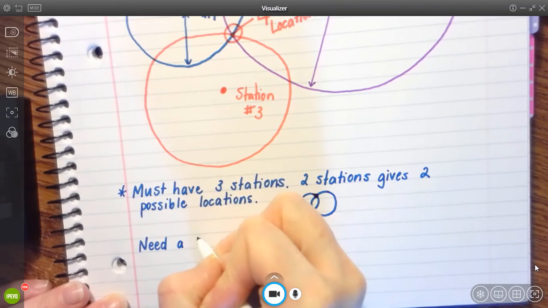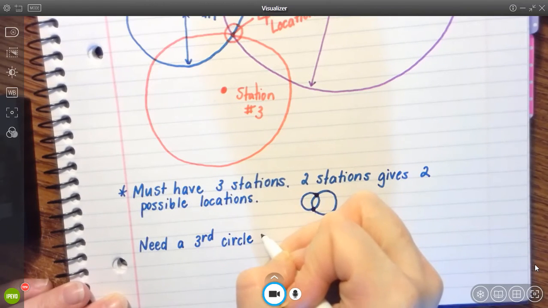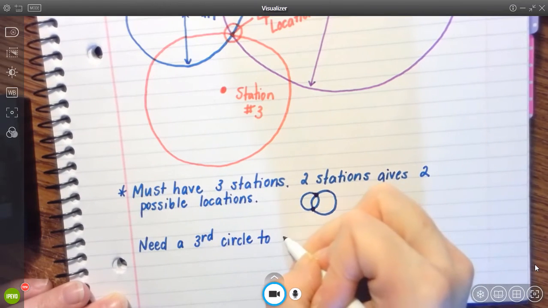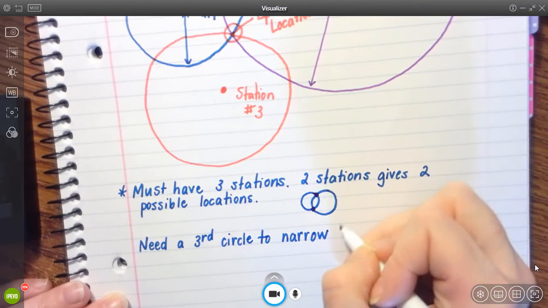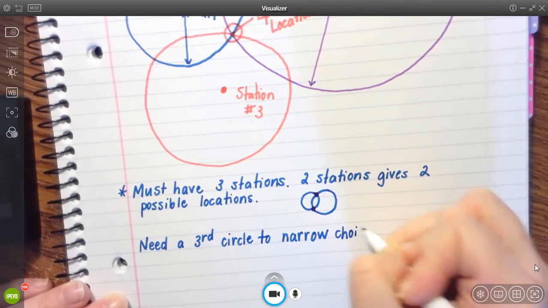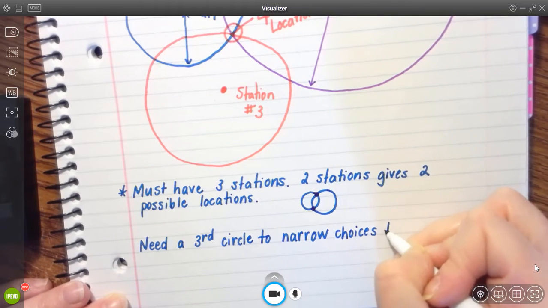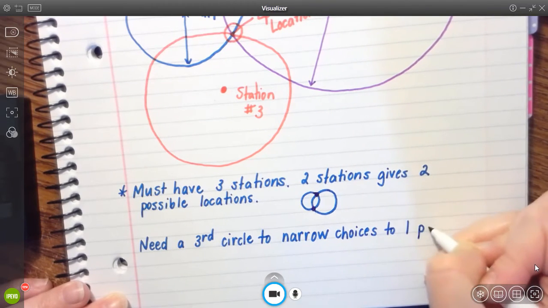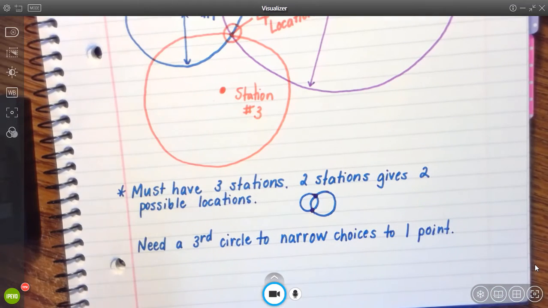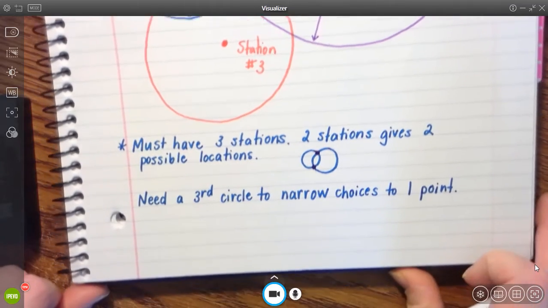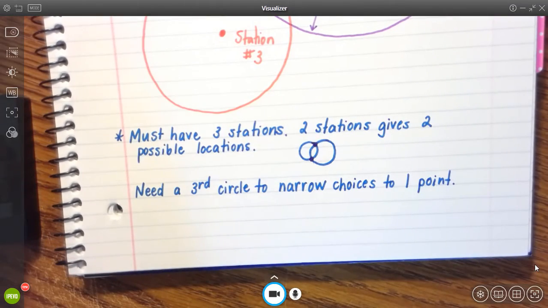Need a 3rd circle to narrow choices to 1 point. If you don't have that 3rd station, you can't make a decision on where your epicenter truly was, because you have 2 possibilities.